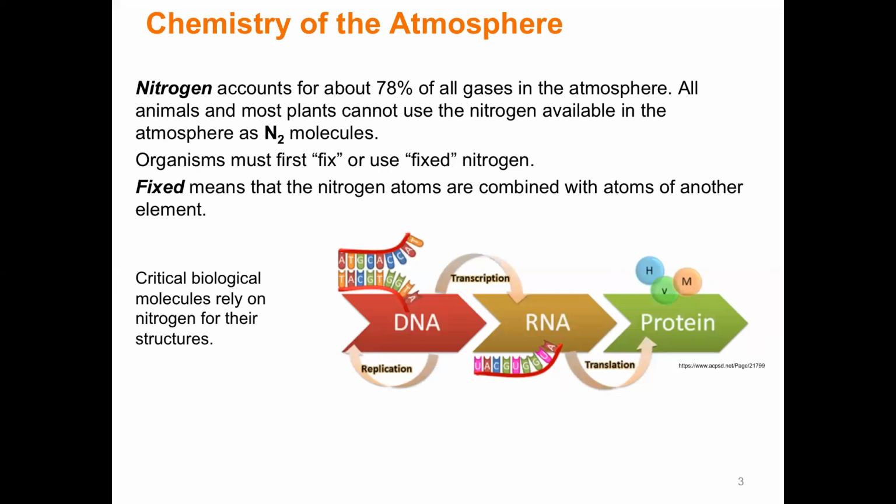So nitrogen is found in DNA, RNA, and protein, as well as other things. So we need to get at that nitrogen. And so what is necessary then is that this nitrogen in the atmosphere must be fixed. Okay, what does that mean? That just means that it is going to be combined with another element, and in so doing, the nitrogen becomes much more accessible to us.